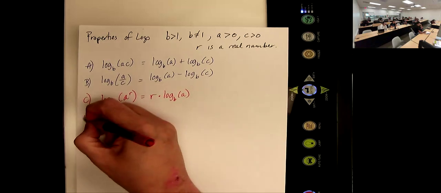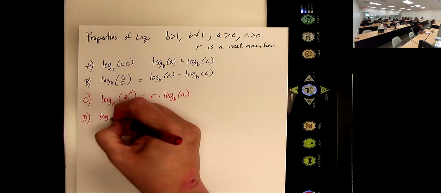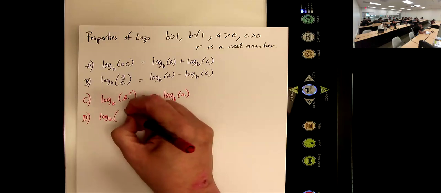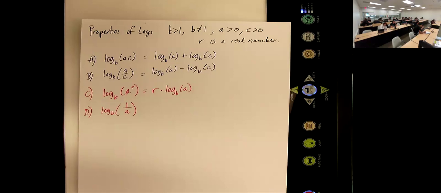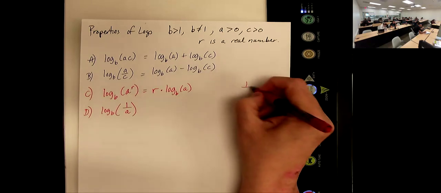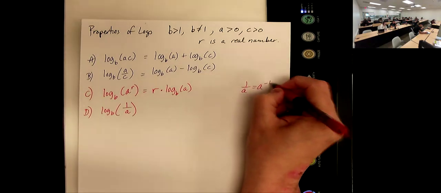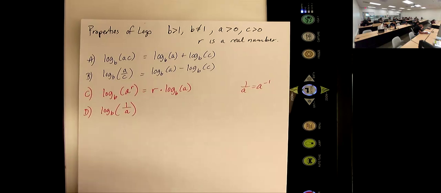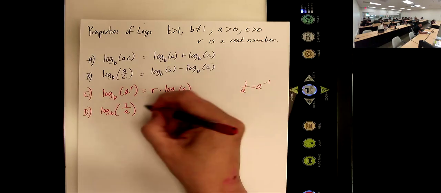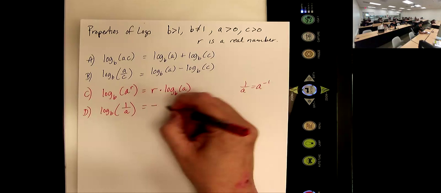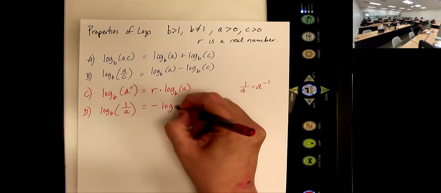In the same line, we tend to write it differently because students forget. We have 1 over a, which is like a to the negative 1. So it really is just a specification of r. We put the negative 1 out front, which makes it negative log base b of a.